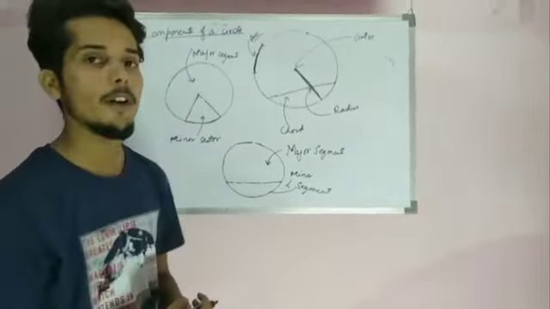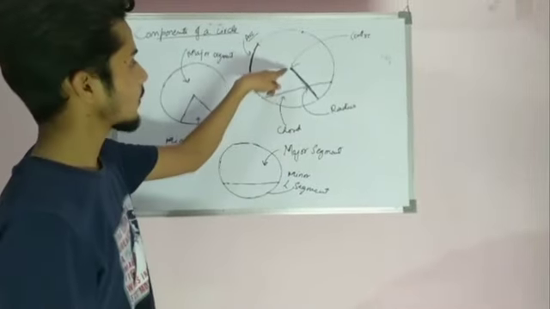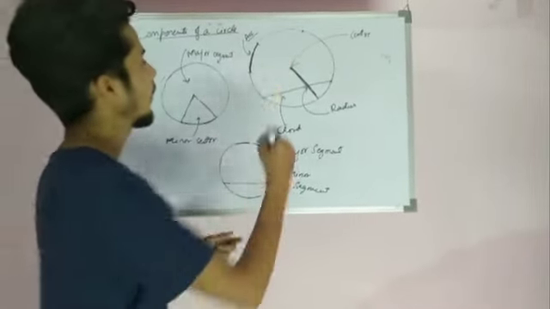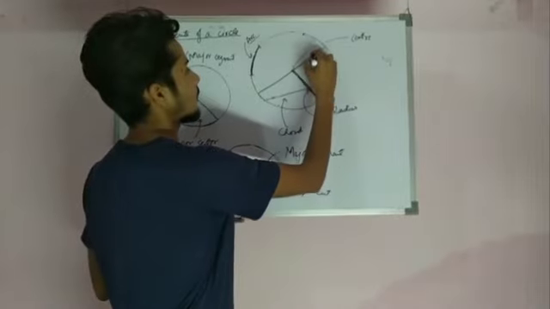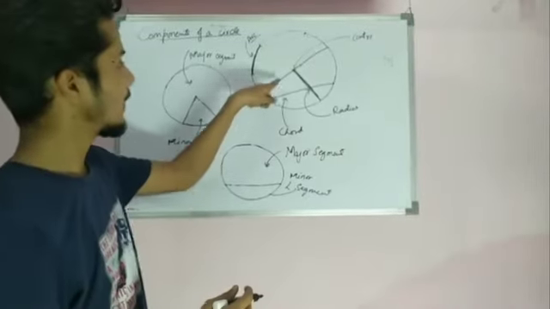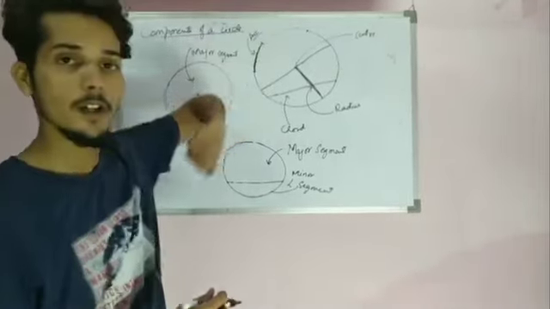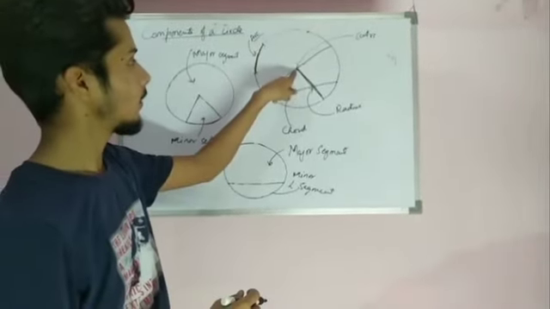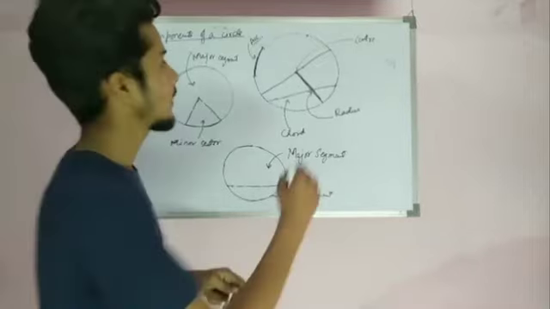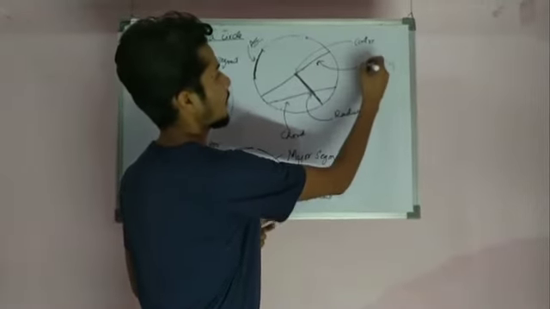Alright. Another component we have: if this chord is passing through the center, such as this. So this is a chord having both of its endpoints on the circle and also passing through the center. It has a special name, namely diameter.